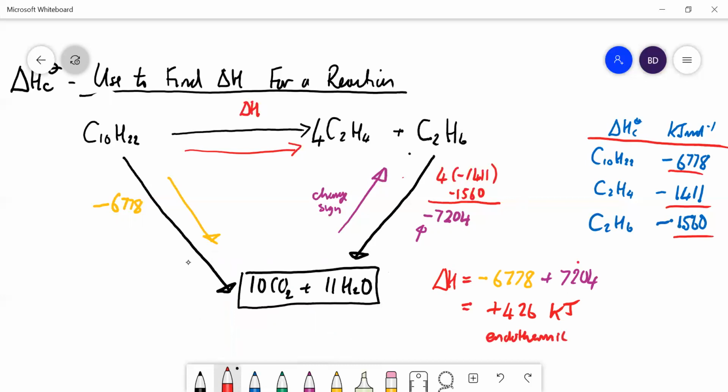And we knew that already, didn't we, that cracking is going to be an endothermic reaction. Right, so that is how you can use delta HC to work out the enthalpy change for a reaction, which otherwise it would be impossible to do.